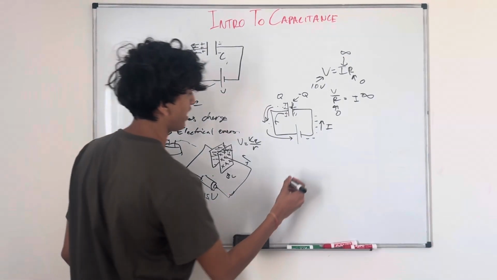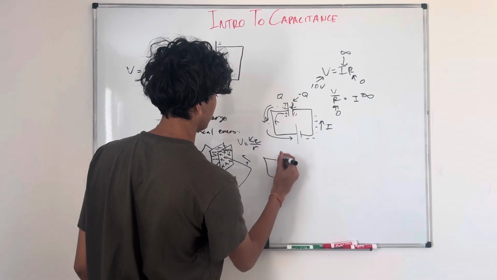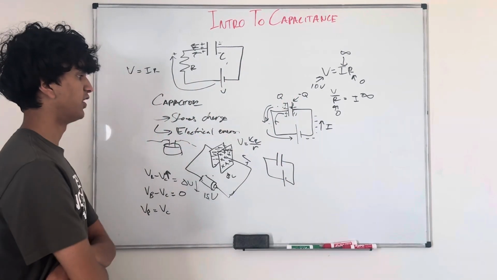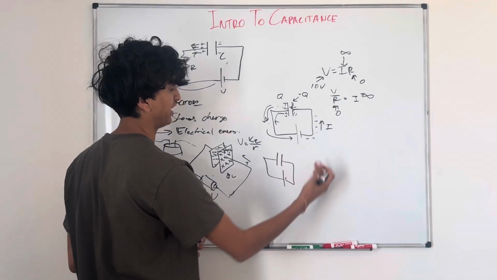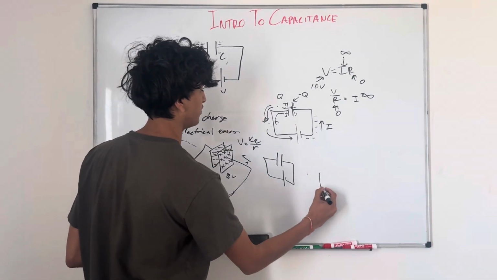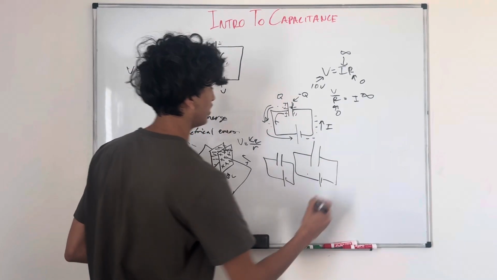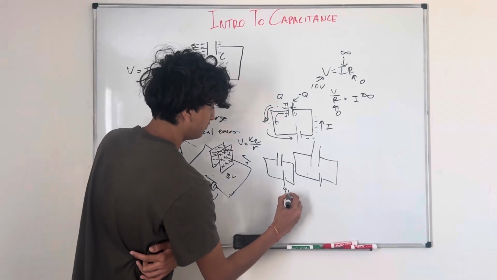Let's say you have a battery, and let's say this capacitor has a certain area, and then I get the same battery, but this capacitor is much larger. And let's say they're both 9 volts.